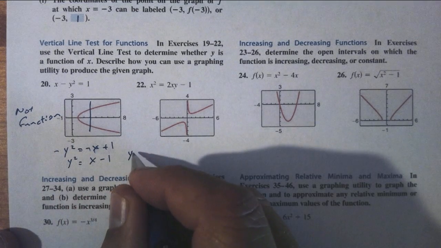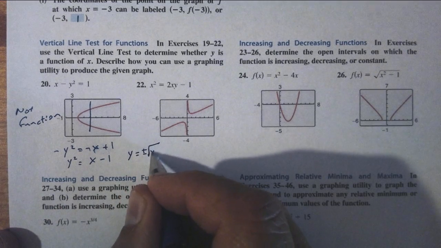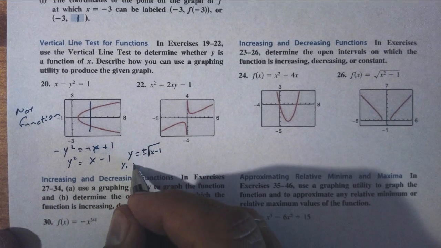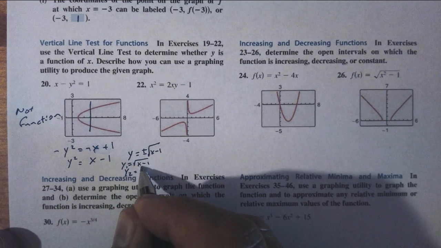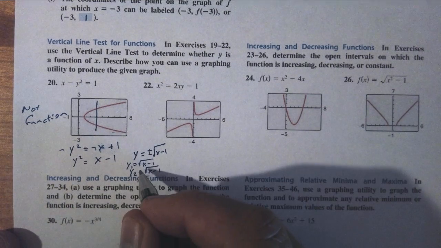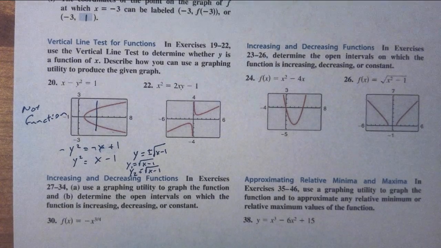And then I would get y equals plus or minus square root of x minus 1. And I would have to graph y1 as square root of x minus 1 and y2 to be the underside of that sideways parabola. y2 equals the opposite of square root of x minus 1.